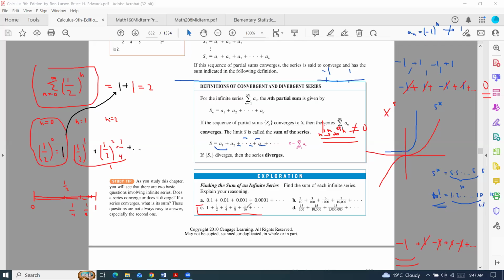And that's convergent, meaning the sum is finite, and the sum is 1 for the infinite part, and the first term is another 1, so this is 2 in this particular case, which is quite amazing. Infinitely many numbers you add together and you get 2. And there'll be lots of examples of that, so we'll be working with them from now on.